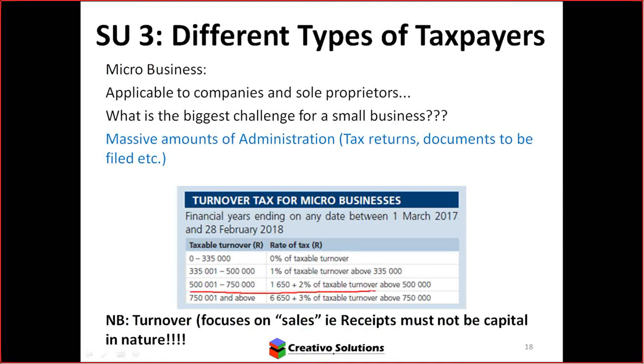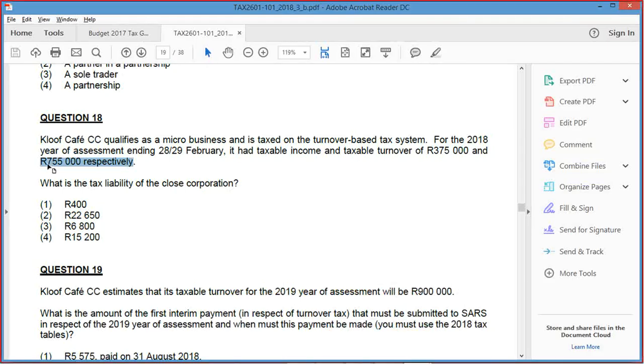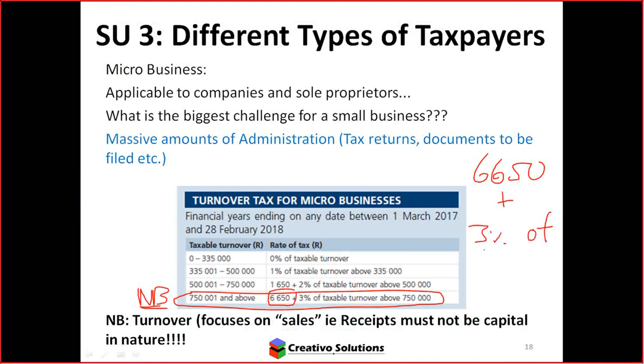It's going to be taxed according to the last one, which is 3%. Exactly. But how does this work? You have 6650 plus 3% of the amount above 750,000, which in this case was 5,000.